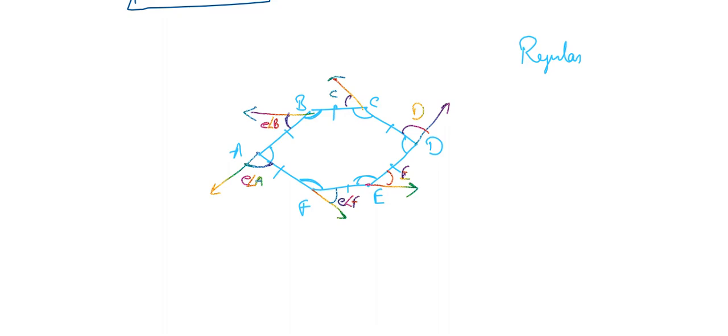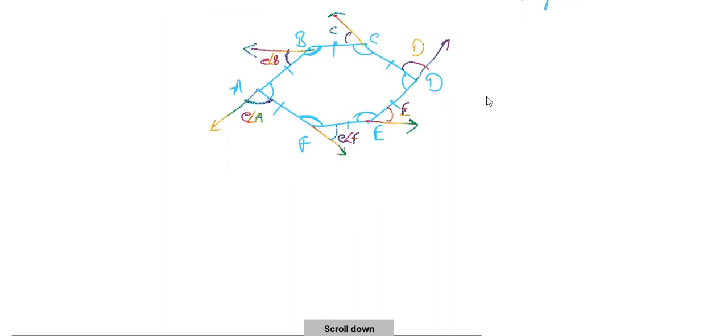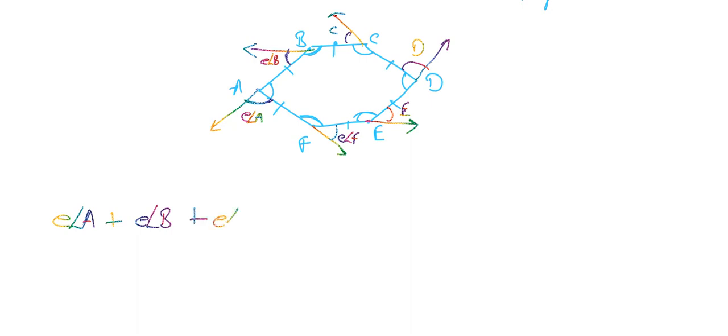I have to show that the sum of all the external angles which I have labeled, that is, E of A plus E of B plus E of C plus E of D plus E of E, is asked.